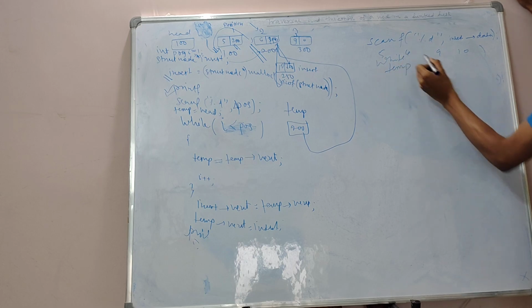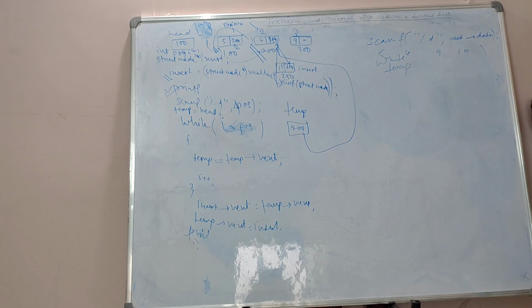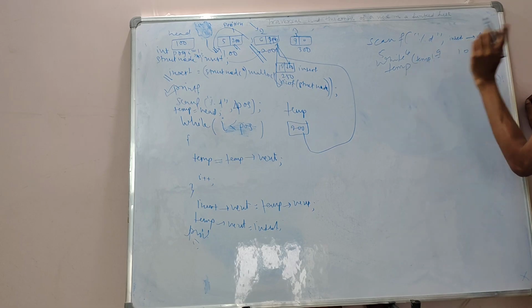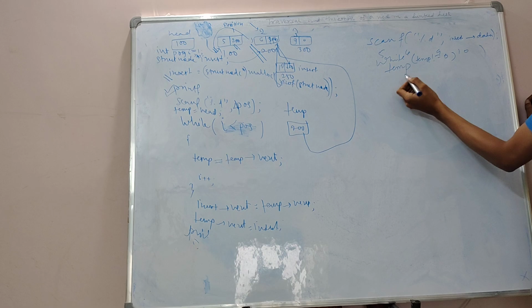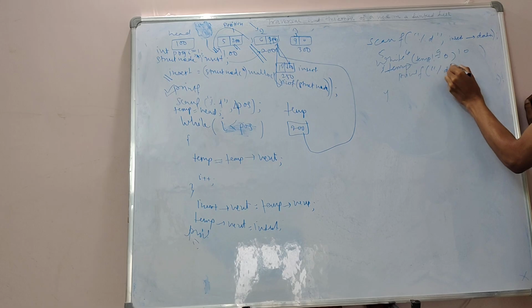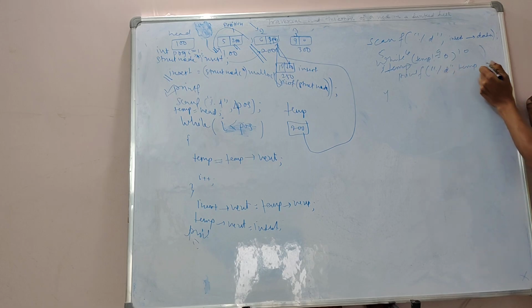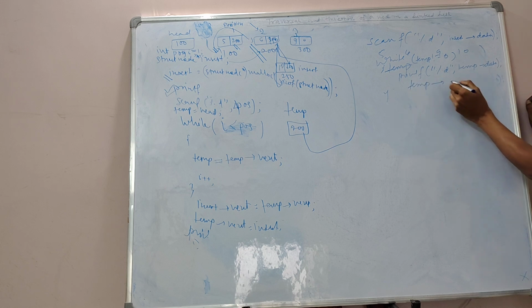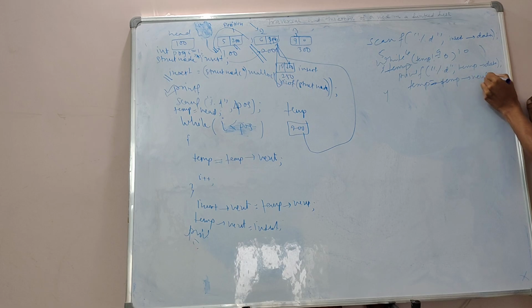I will simply use a while loop, a similar thing that we did in the previous code. We will do temp not equal to 0, and then printf %d, temp arrow data, and then temp will contain the address of the next part.